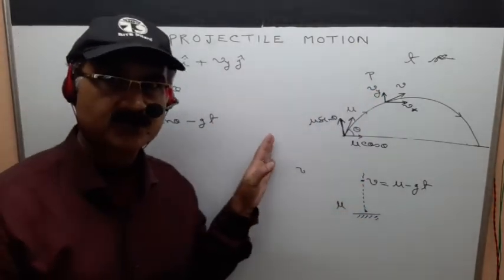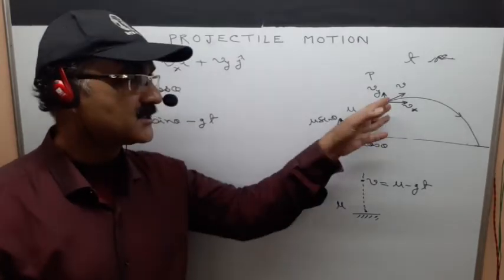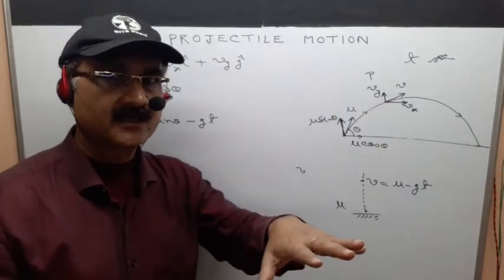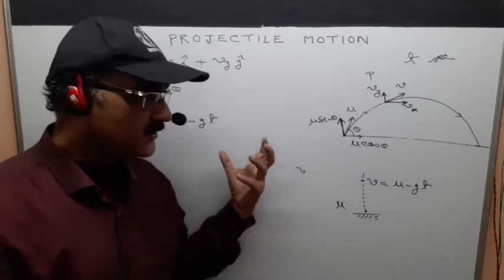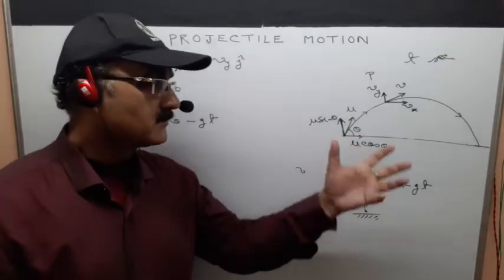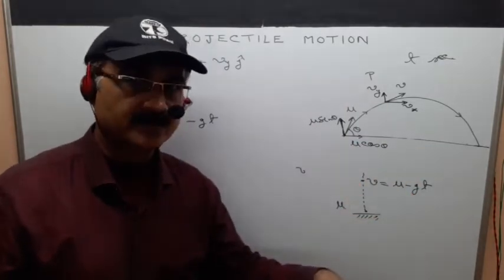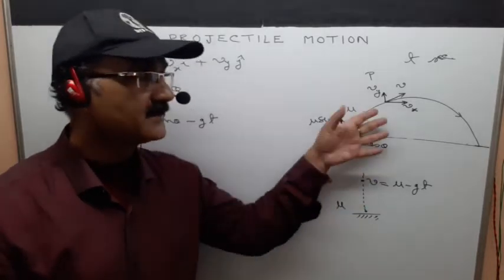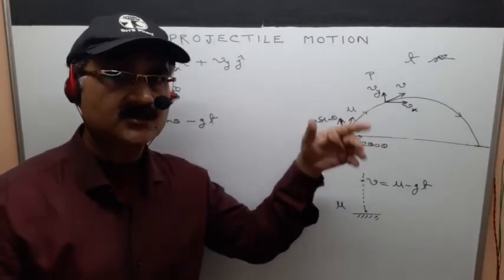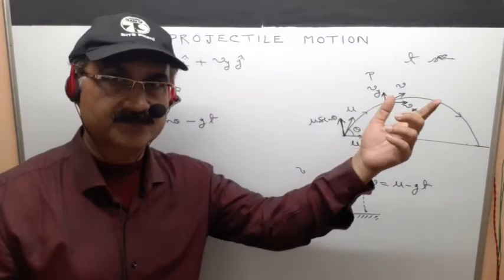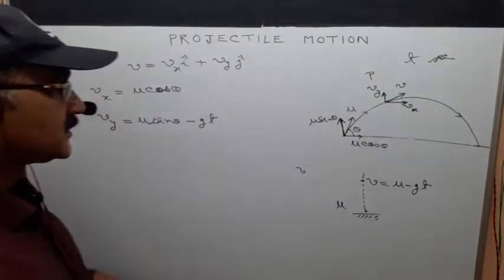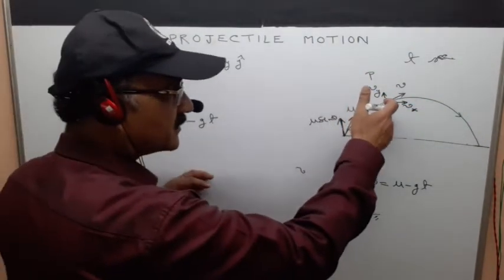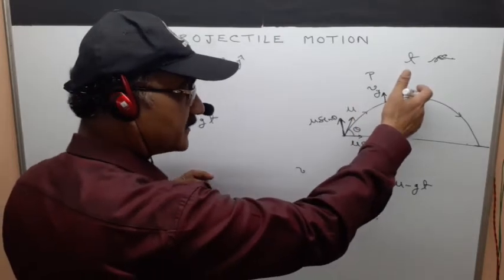This is my approach. Instead of teaching this in a different way, I'm going to teach you from what you know already. You will find it much easier to understand, much easier to remember in the future also. Clear?